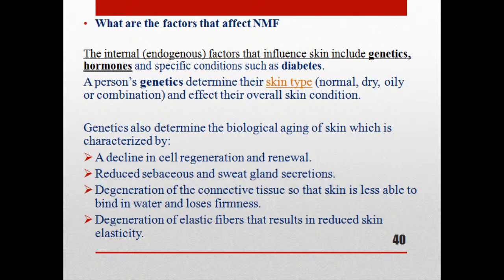Genetics also determines the biological aging of the skin, which is characterized by a decline in cell regulation and renewal, reduced sebaceous and sweat gland secretion, degeneration of the connective tissues so that the skin is less able to bind water and less firm, and degeneration of elastic fibers that results in reduced skin elasticity.